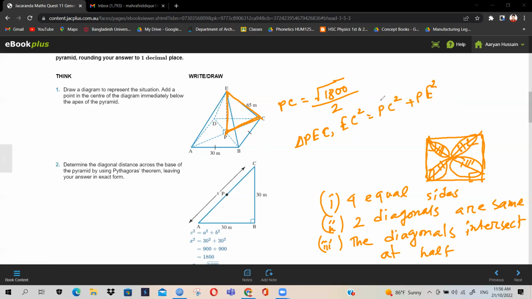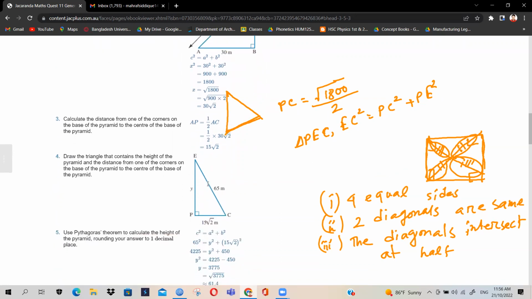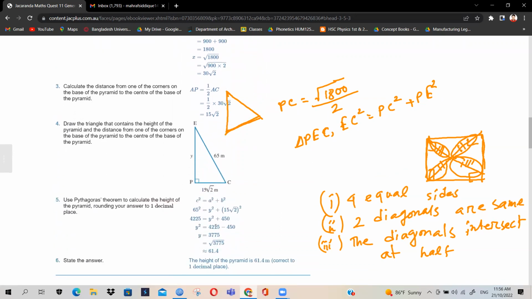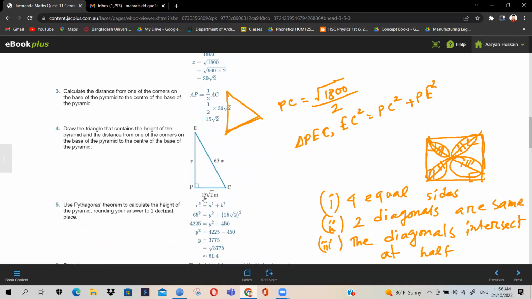The rest you will do by yourself. The value would be somewhat around 61.4.